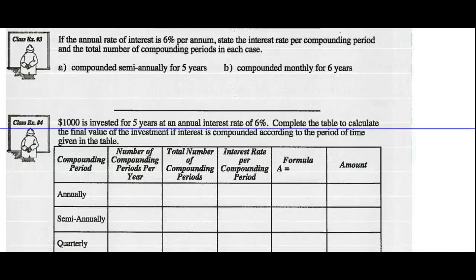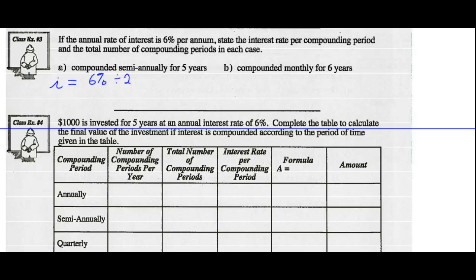So example 3. If the annual rate of interest is 6% per year, state the interest rate per compounding period and the total number of compounding periods in each case. So if it's compounded semi-annually for 5 years, i should be the interest rate, which is 6%, twice a year, so we have to divide that by 2.